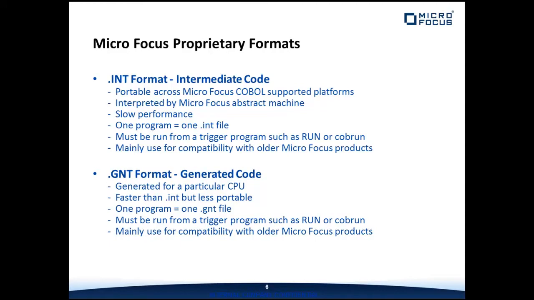Gnt code is generated native code which targets a particular CPU and tends to be quite a bit faster than int code. Both int and gnt formats compile as one source program equals one output file, and both must be run using a trigger program such as run.exe on Windows or cobrun under Linux and Unix.